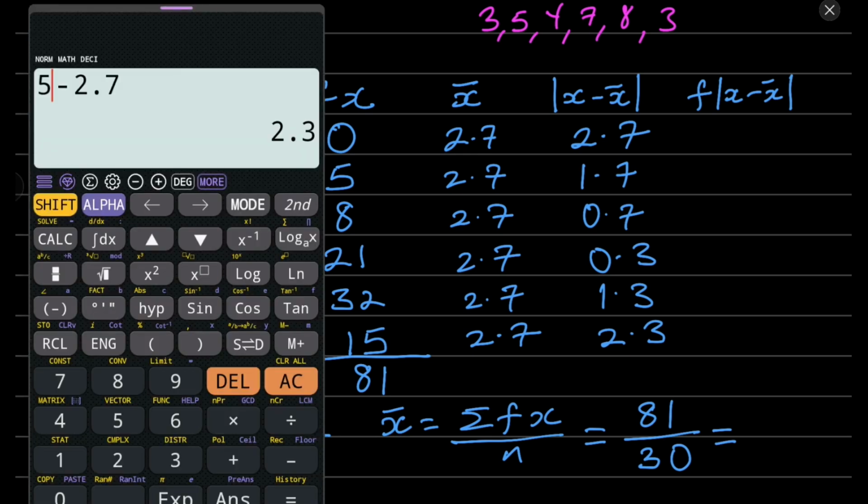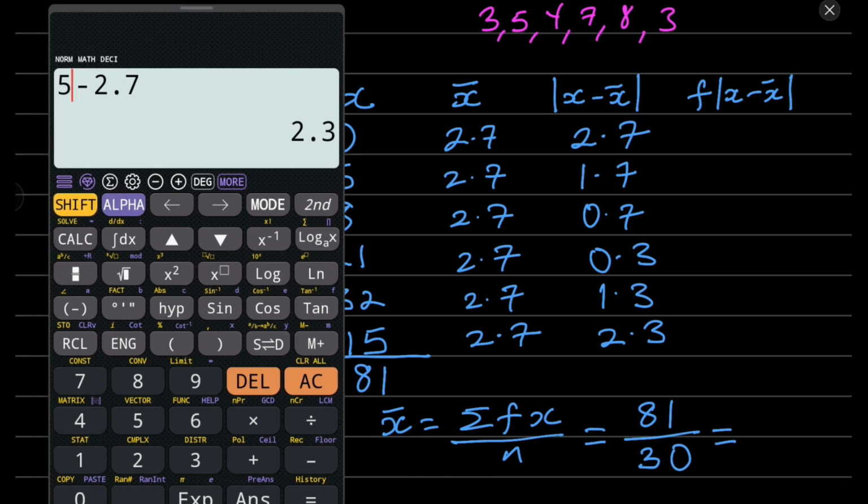Then I can bring up my calculator now. Let's pick the first one. We have 3 times 2.7. This is 8.1. The next f value is 5, and its corresponding value is this.